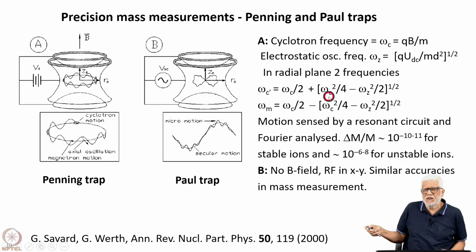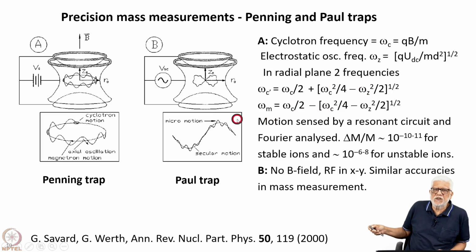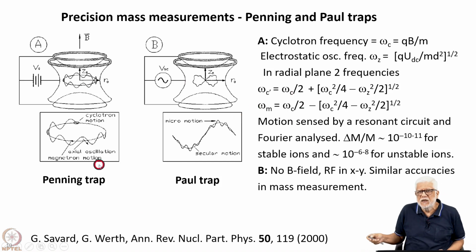Of course, this entity, as you can see, is smaller than omega c by 2. So, if omega z is small, then it almost adds up to the cyclotron frequency, whereas here it subtracts and you get something which is of the order of omega z.